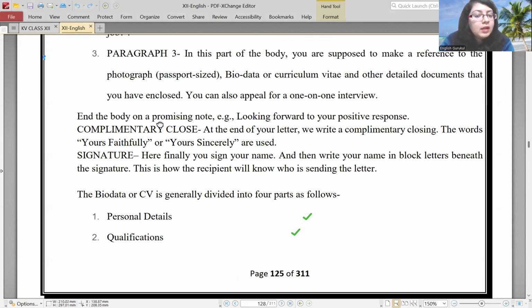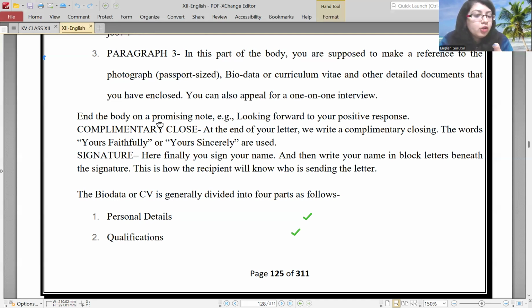Then the complimentary closing at the end of your letter. We basically write a complimentary closing, right? The words yours faithfully or yours sincerely. Nowadays, yours sincerely is in, I would say. So whether it is a letter to the editor or a job application, to be on the safer side, make sure you are writing yours sincerely.